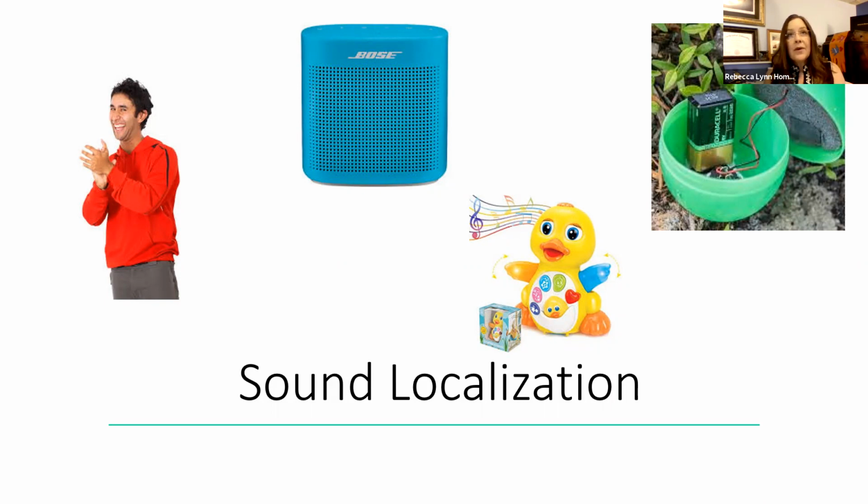Musical toys, or those lovely beeping Easter eggs, or the beeping balls, all of those can be used as a sound source to ask our child to find them. We want to make sure that we're placing them in areas that support their vision, making sure that it's not too high or too low for them, and that they can reach it when they find it.